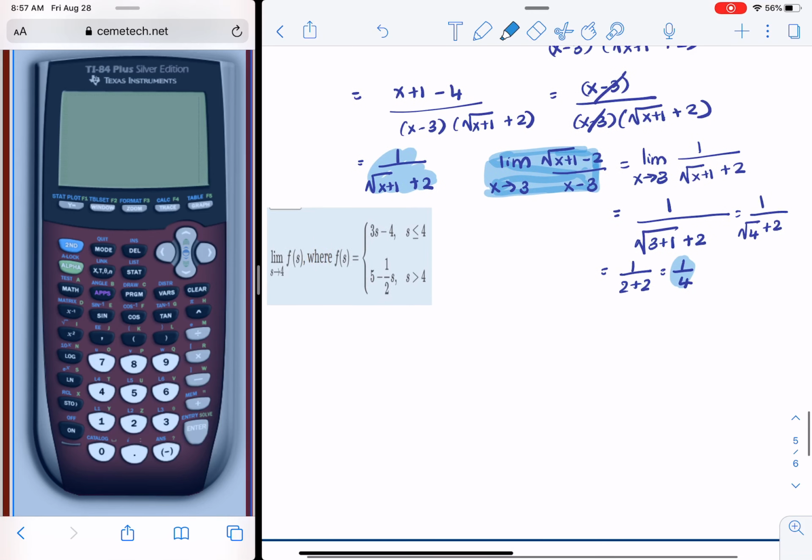So the last one is a piecewise defined function. We have seen this before, but I'm going to show you how to do this without using a graph. So clearly the breakpoint is 4.